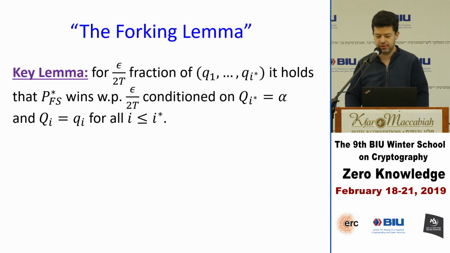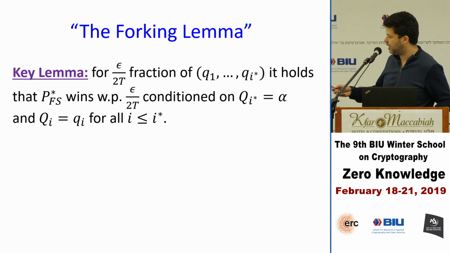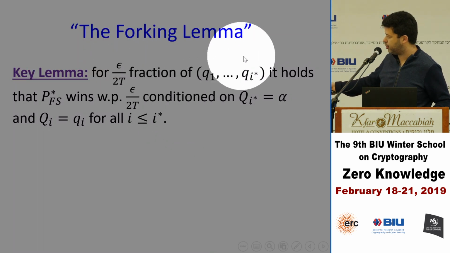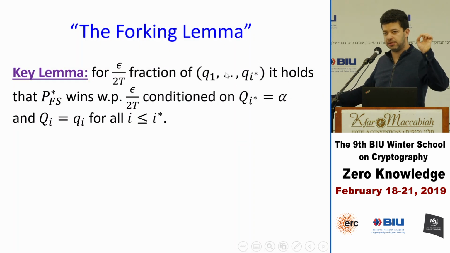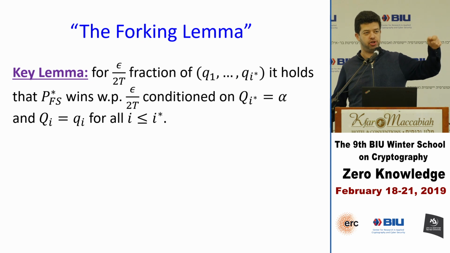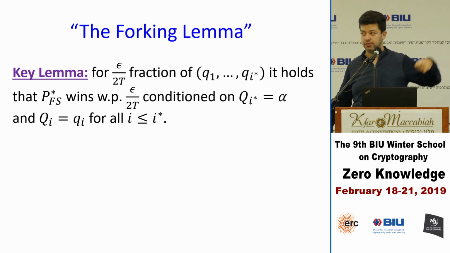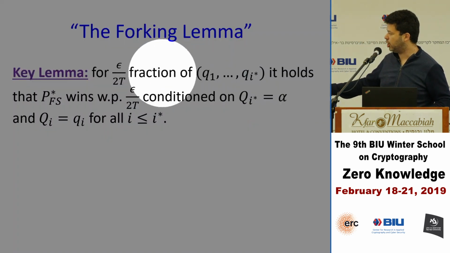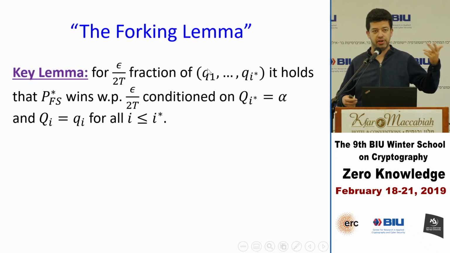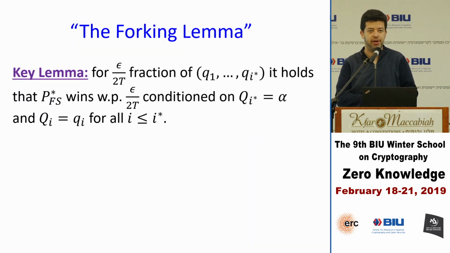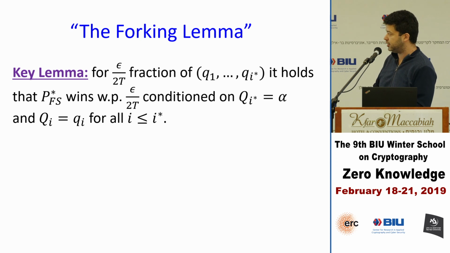So what is this lemma saying? The claim is that for an epsilon over 2t fraction of q1 up to qi star, remember i star is this particular query in which we ask about alpha. And here, when I'm talking about fraction, I simply mean probability over the choice of q1 up to qi star, so with good probability, epsilon over 2t.